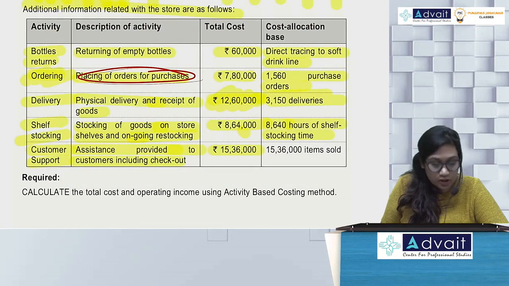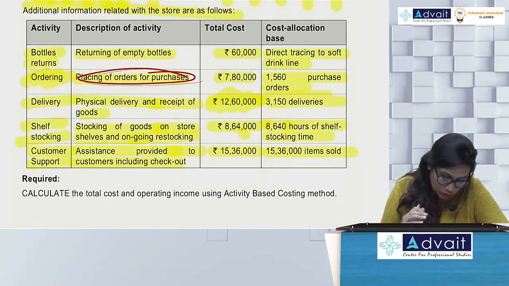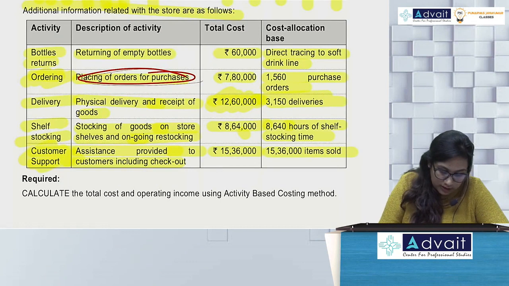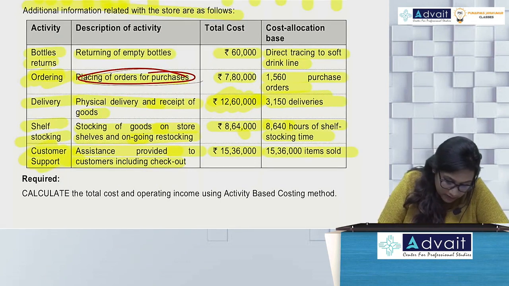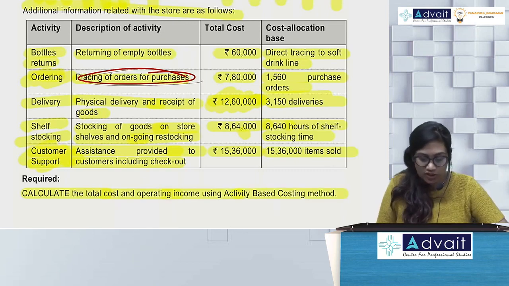So this is the total cost, and these many items were basically sold. So my cost driver for customer support activity is the number of items sold. So what are we supposed to do? Calculate the total cost and operating income using activity based costing method.